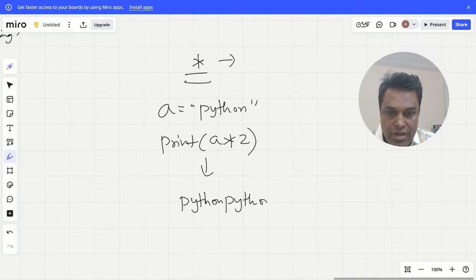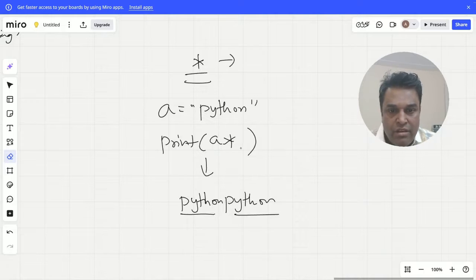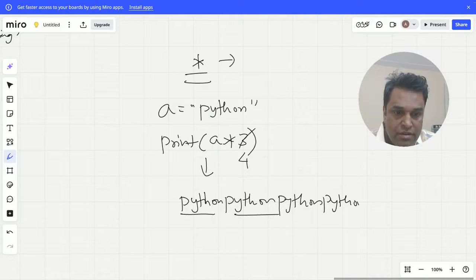Had this been 3, then it would have been Python 3 times, that is replication of 3. If this would have been 4, there would be 4. So the string gets replicated whatever number you specify.